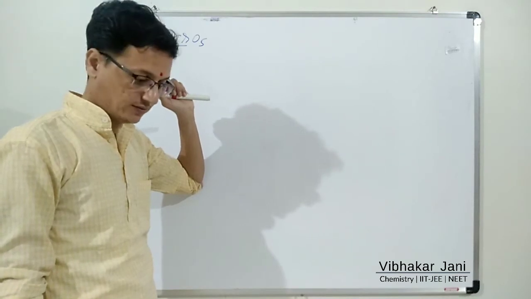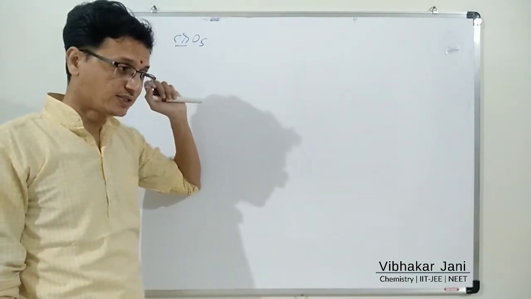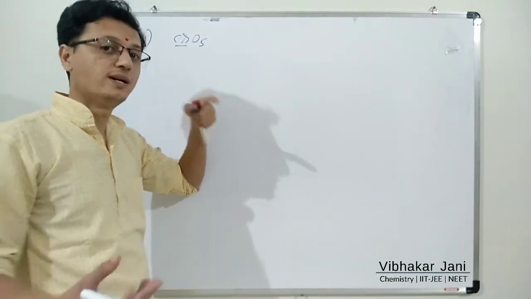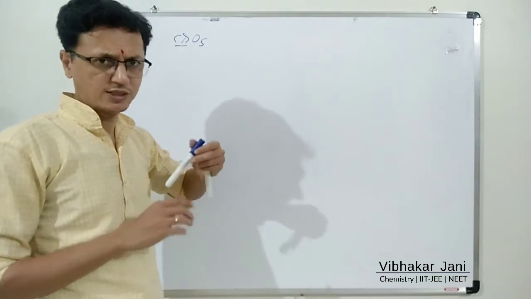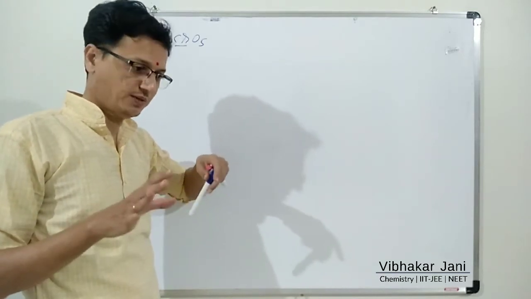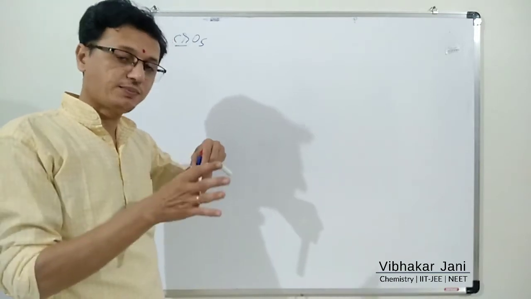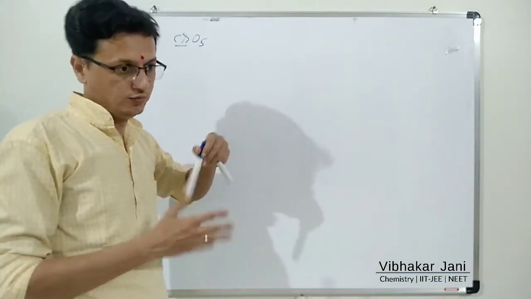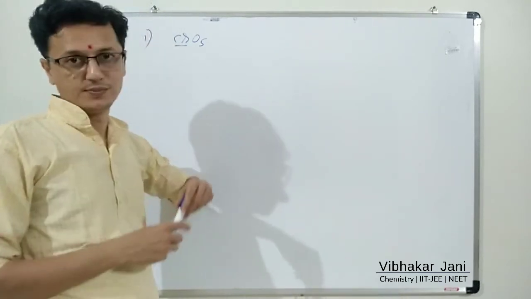So we first have to draw the structure. Any compound's structure you will learn in a new chapter, chemical bonding and molecular structure, after which you will be able to draw the structure of any molecule.